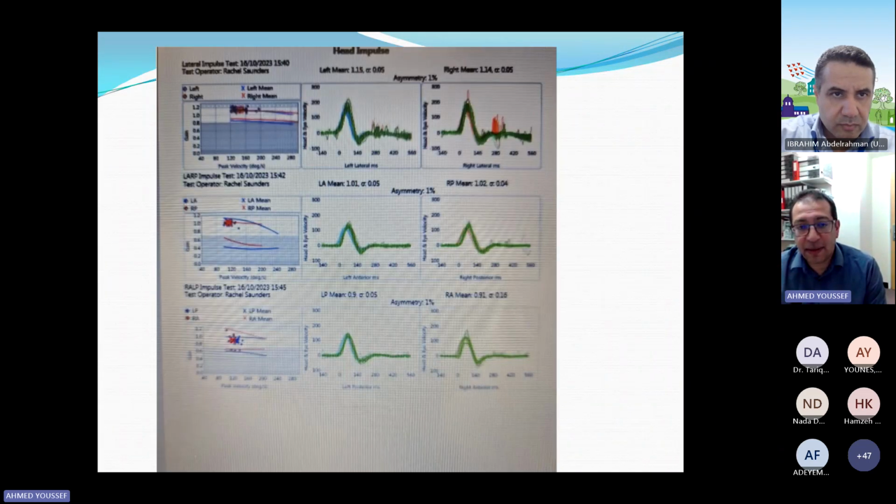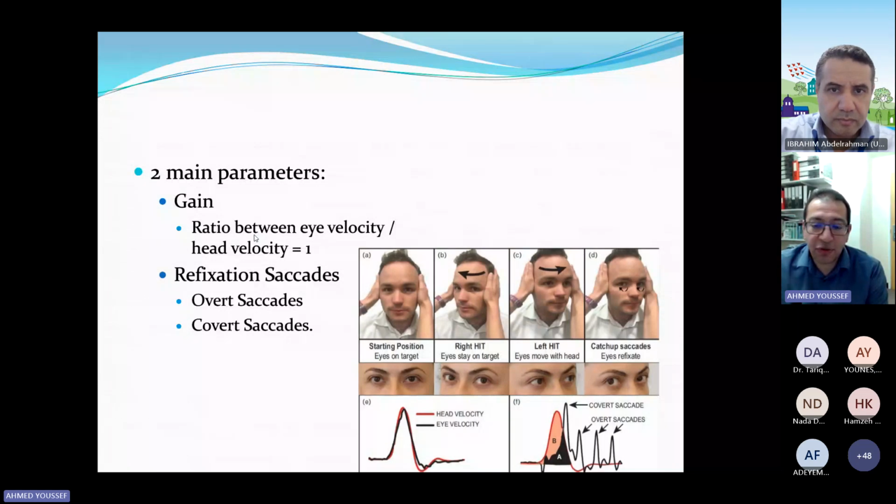So that's an example of the report that we get from the VHIT. There are the graphs on the side here, and there is also the gain here, and we'll come to that in a second. There are two main parameters that this test measures. The gain, which is a ratio between the eye velocity and the head velocity. As we mentioned, if we look at this patient, when the head is turned to the right, the eye automatically goes to the left to stay fixating on us or on the target.